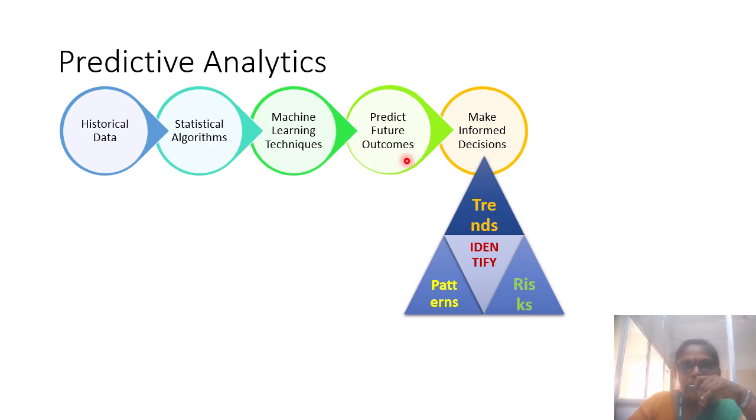So what is the future outcome that is to be predicted? Based on this, we'll make informed decisions. Informed decisions means we will try to identify something out of it. So what is that something? It could be a trend, it could be a pattern, or it could be risk.